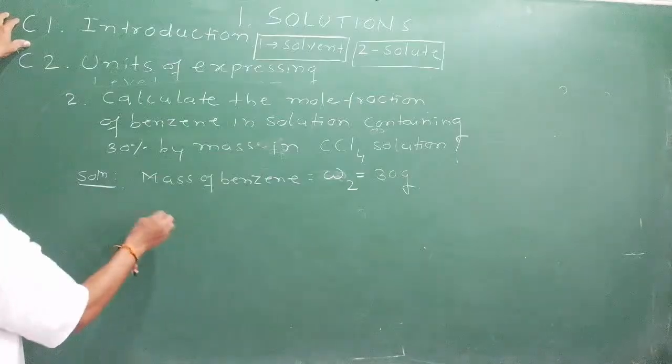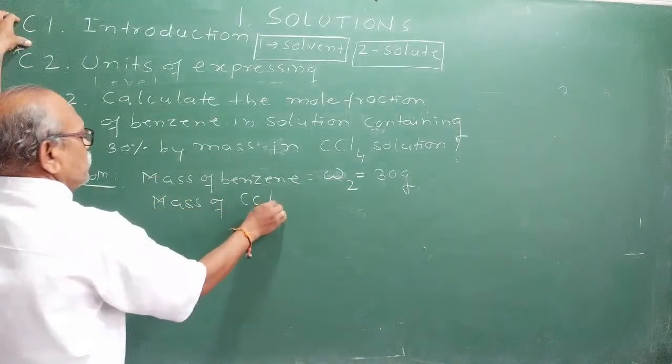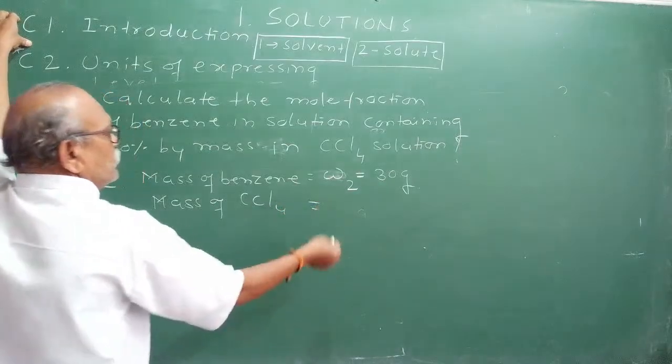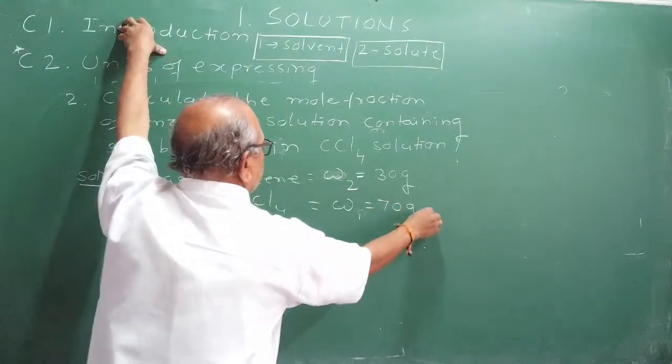This convention will help you. So the mass of carbon tetrachloride, which is the solvent, W1, will be definitely 70 grams.